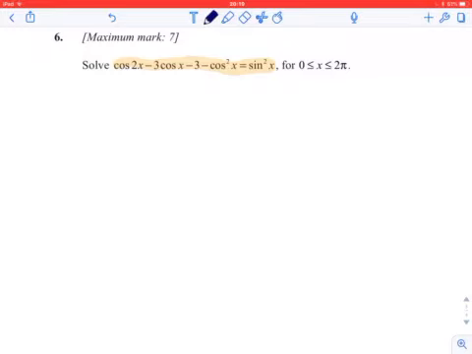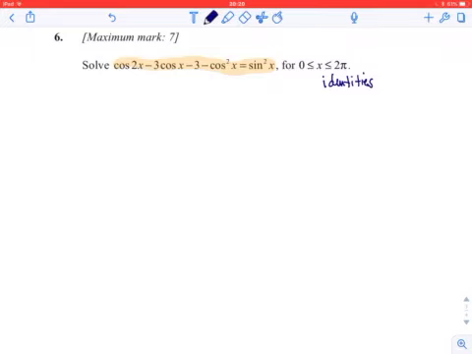So first thing that we might notice or remember when we're solving an equation like this is that we're looking for opportunities to use identities, because identities really allow us to simplify expressions using relationships that are either from the unit circle or identities from the formula sheet that you're required to know.